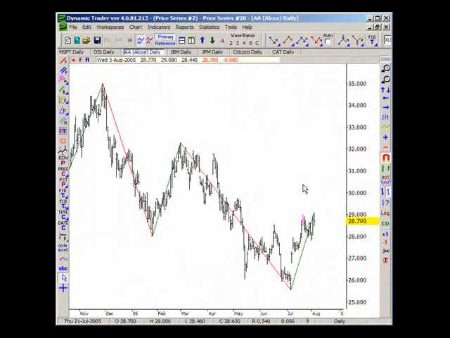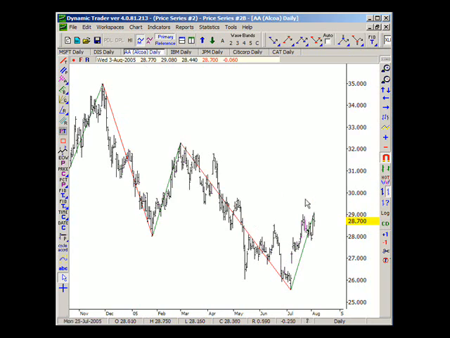Let's take a look at some stock examples. Everything that we're teaching you can be used with any market and any time frame, whether it's futures, ETFs, Forex, stocks, whatever. It's all applicable to all markets, all time frames. Well, let's take a look at this, Alcoa stock, and it's in a pretty strong bear trend.